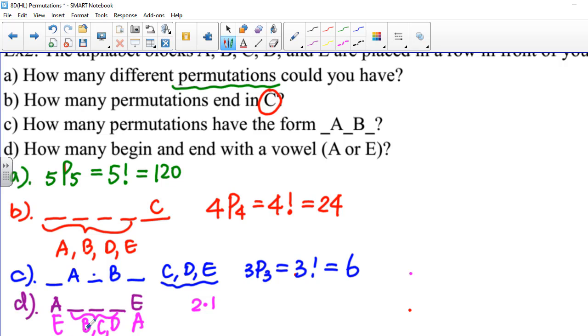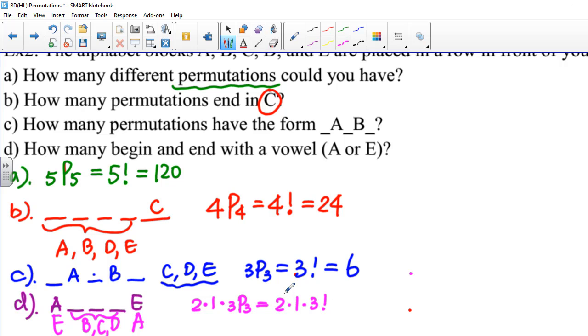So I can have B, D, C, B, C, D, C, D, B, anyways, 3 letters to form different permutations. How many permutations are there? We can times 3p3. 3p3 is also the same as 3 factorial. So you also can say 2 times 1 times 3 factorial.